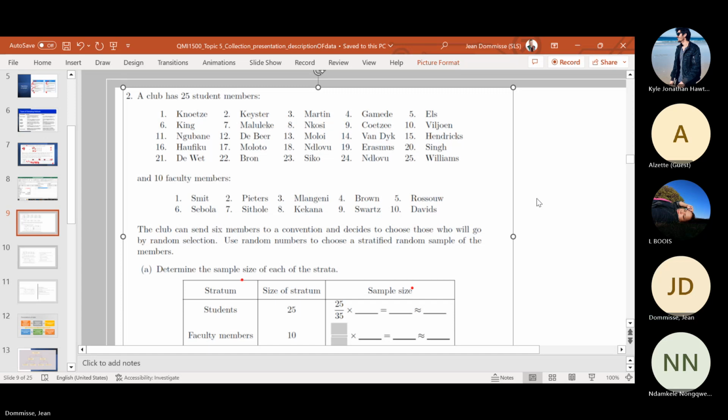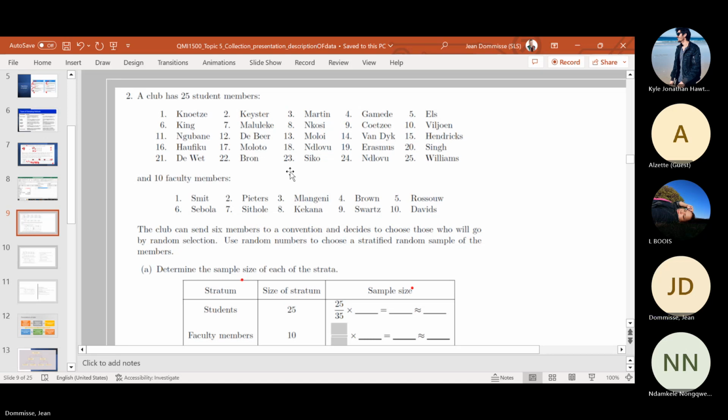Something that is probably not going to happen, but let's just make sure that we cover it. They can give you information about students and information about faculty members, and then ask you to determine the sample size of each.